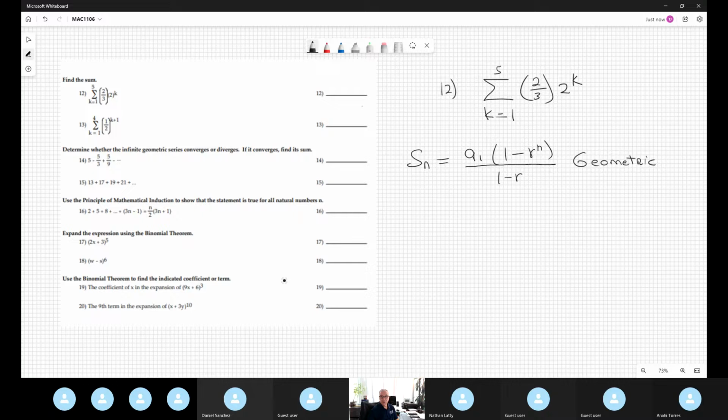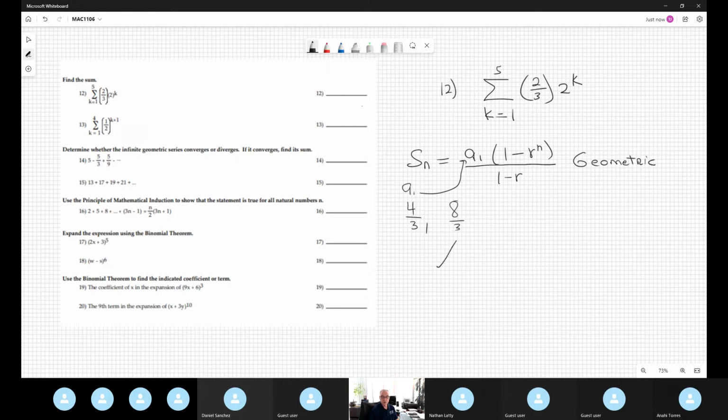You evaluate at k equal 1. Entonces, 2/3 plugging in k equals 1, times 2 raised to the 1 power, que es invisible, no? Actually, entonces 4/3. This is the first term, this is A1. The second is 2/3 times 2 to the second power. 2 to the second power is 4, times 2/3 is 8/3.